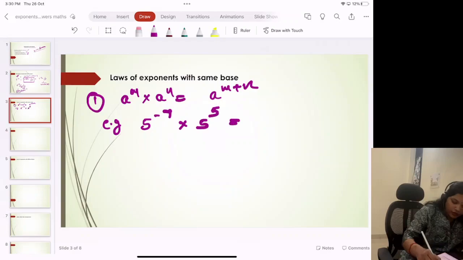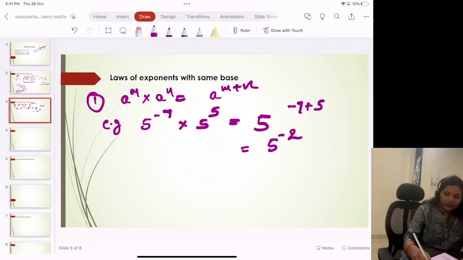Clear? So here the bases are the same, it is 5, and the powers are minus 7 and 5. So it will become 5 to the power minus 7 plus 5. 7 minus 5 is 2, and the sign is with the greater, so minus 2.